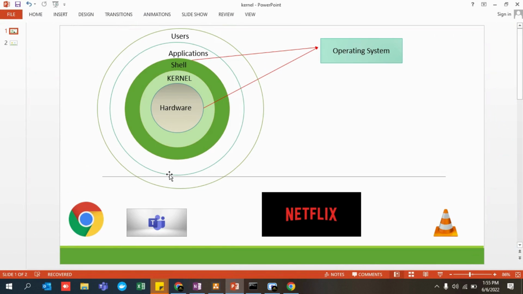Suppose this is your hardware, the hardware of your computer system, and we all know what hardware is all about. Just above it there is a layer known as the kernel, and on top of the kernel there is a shell, and the combination of kernel plus shell is known as an operating system.